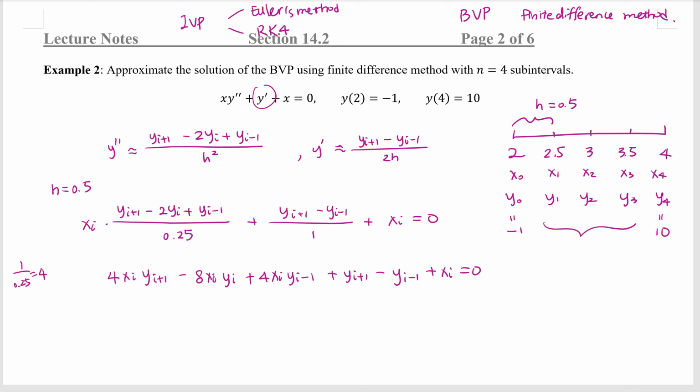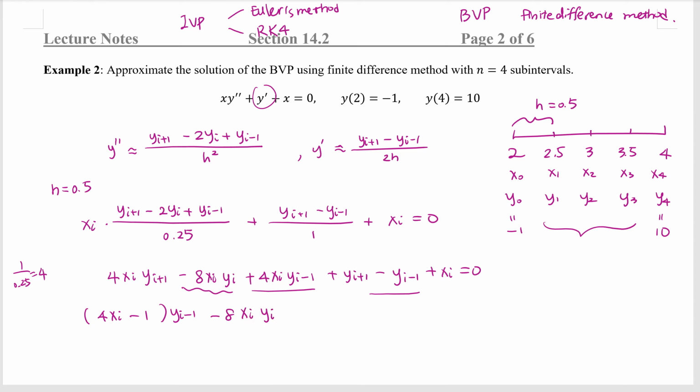So we want to reorder it. The term with y(i-1) is 4xi minus 1. Then the yi term is minus 8xi yi.